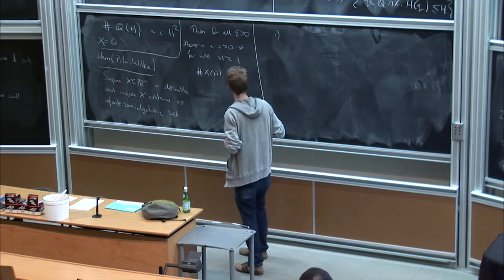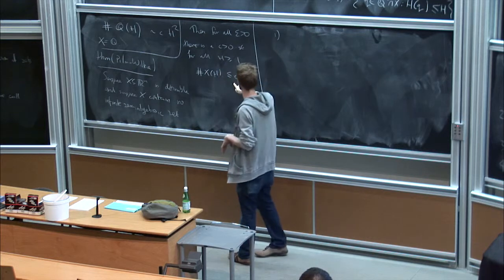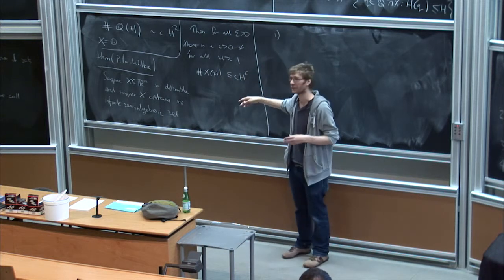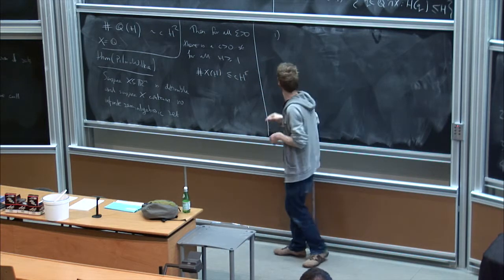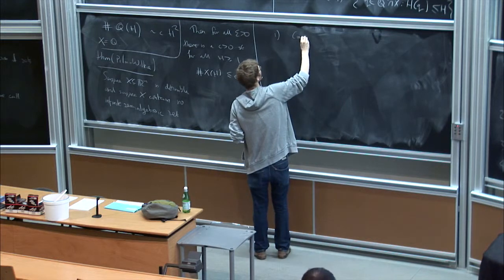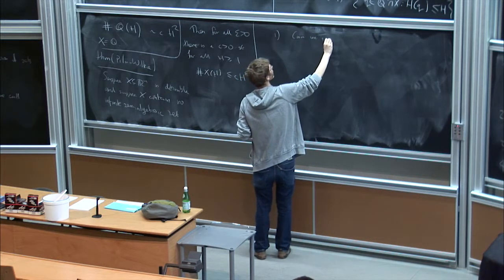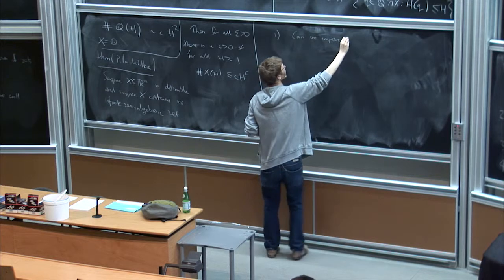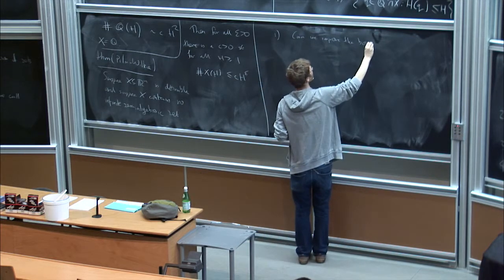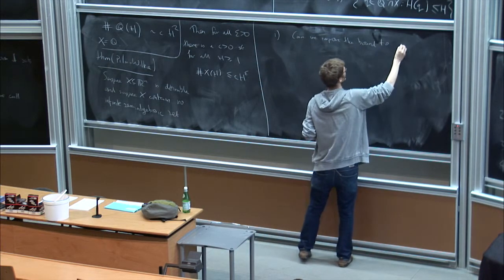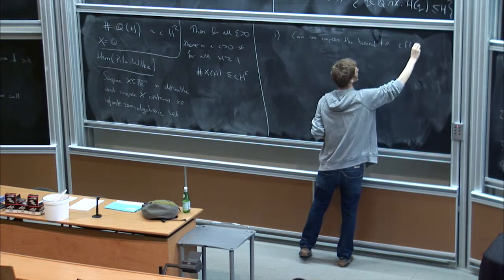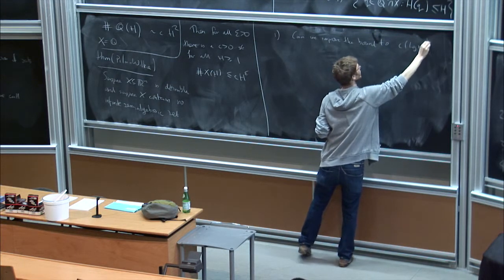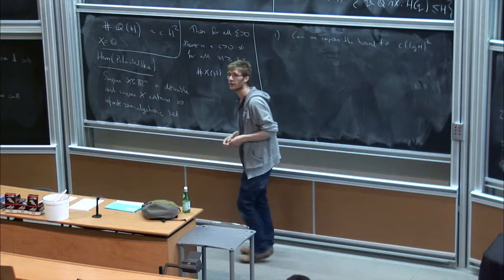So one is, can we replace this with something that grows slower? Can we improve the bound to, say, C times log H to the k for some C and k?